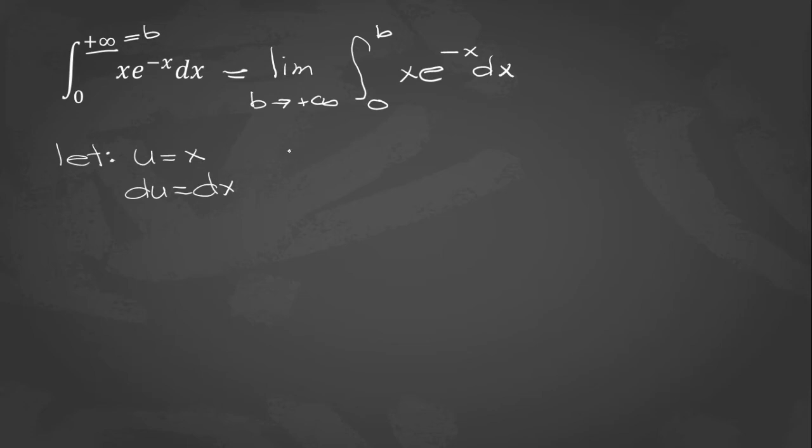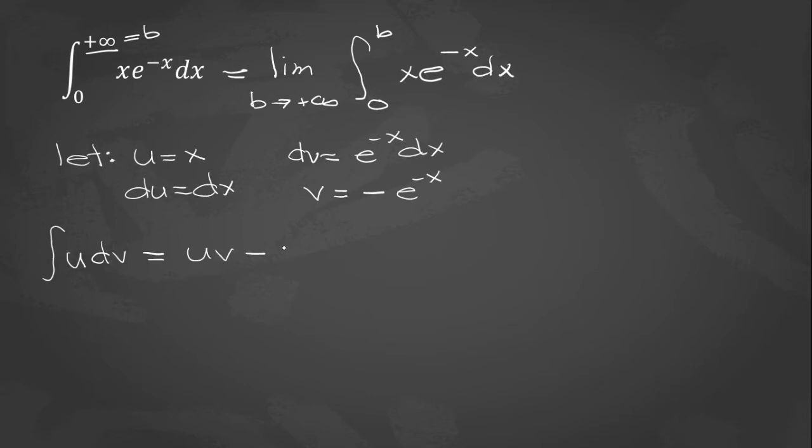And let dv be equal to e raised to negative x dx. Now, integrating both sides, we have v equivalent to negative e raised to negative x. Using the formula of integration by parts, the integral of u dv is equivalent to uv minus the integral of v du.